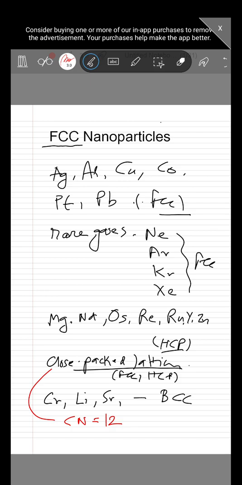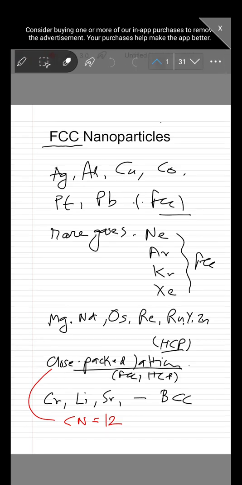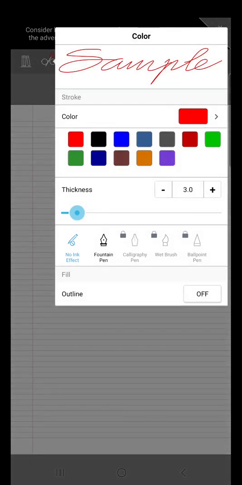So if we now look into the structure where there are 13 atoms, that means one atom surrounded by 12 coordination number atoms.